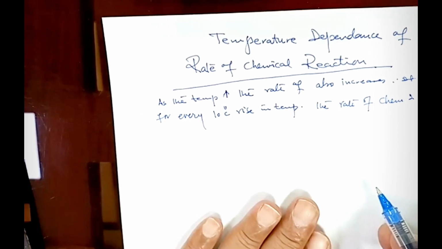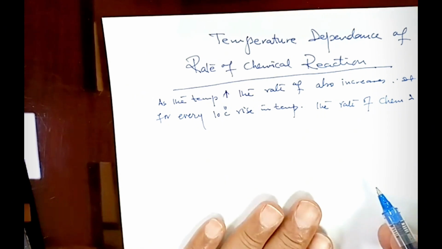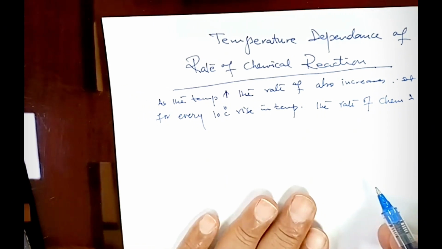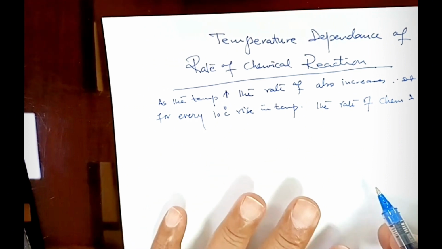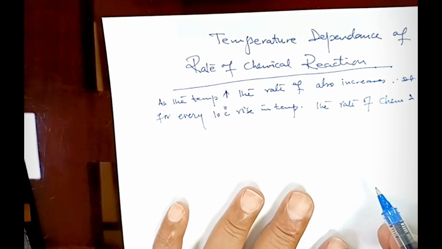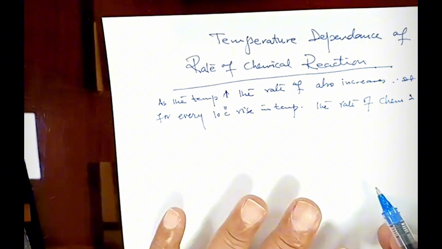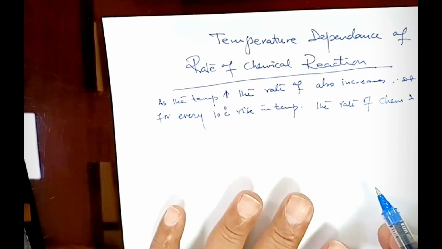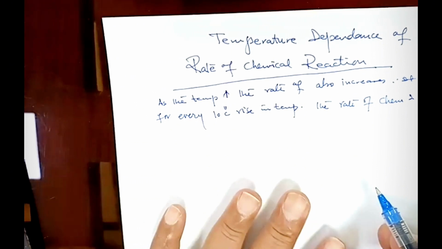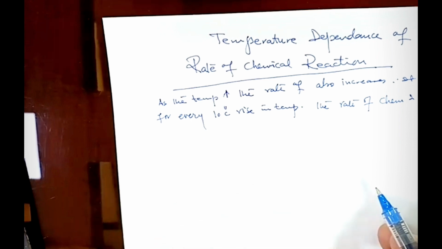If the rate determining step is endothermic, then rate of chemical reaction increases linearly, as I have said earlier. If the rate determining step is exothermic, then rate of reaction shows the negative temperature coefficient.